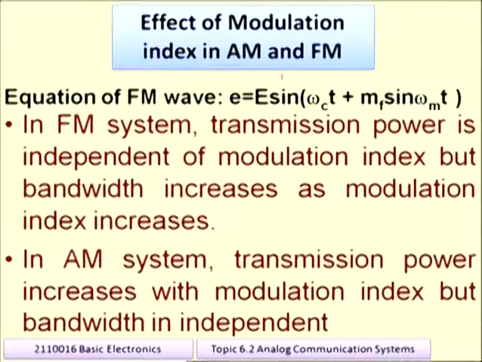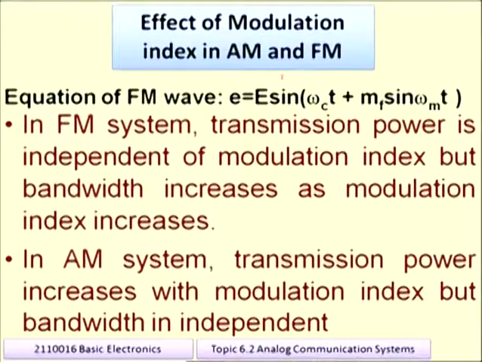But in the case of AM, it is the reverse. In an amplitude modulation system, if you increase the modulation index, the transmission power will increase, but there is no effect on bandwidth. Even if you increase or decrease the modulation index, bandwidth remains constant in amplitude modulation.